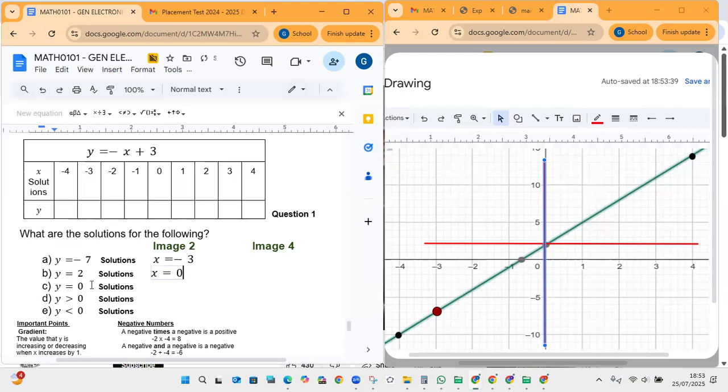What about when y is equal to 0? When y is equal to 0, that's on the horizontal axis itself. What is the solution x? Here, the solution x appears to be, okay, this is -1.